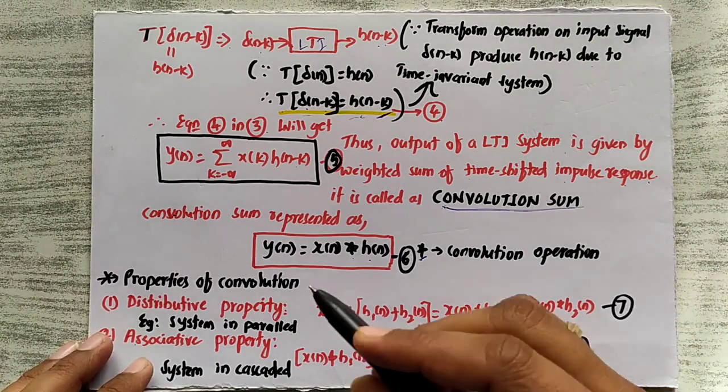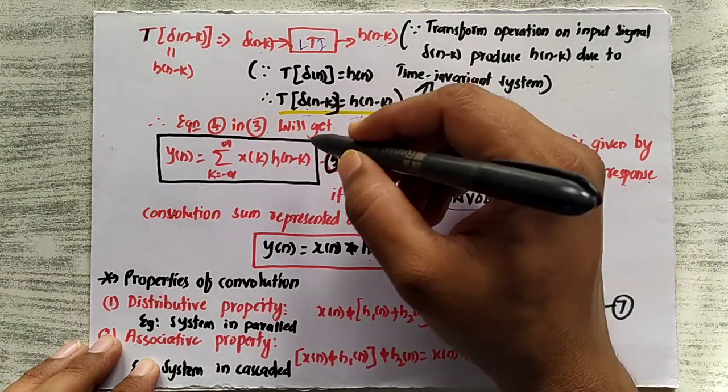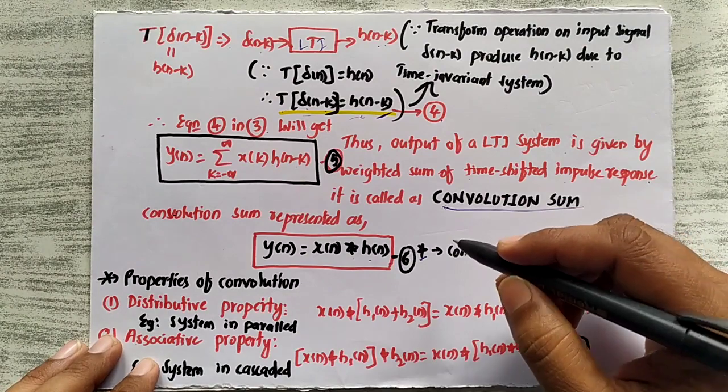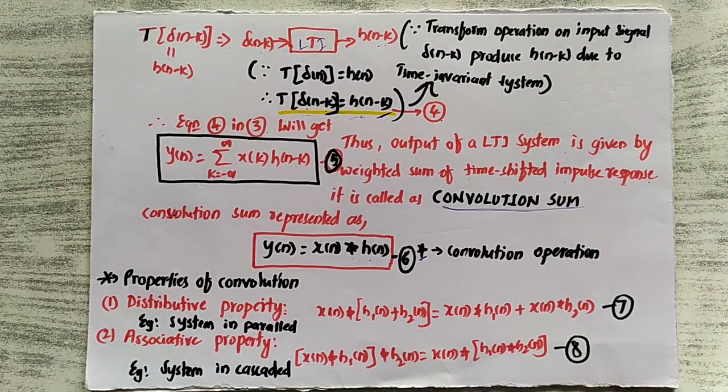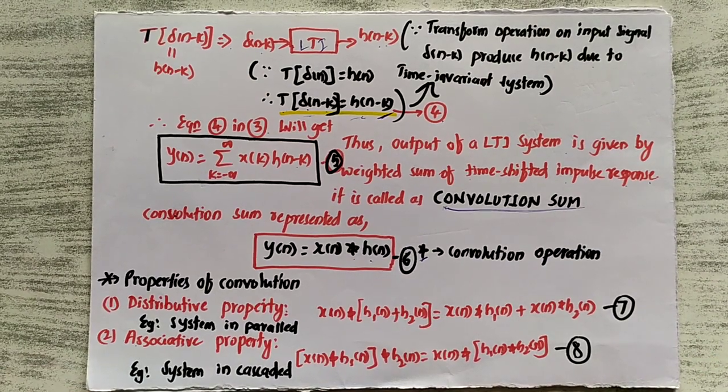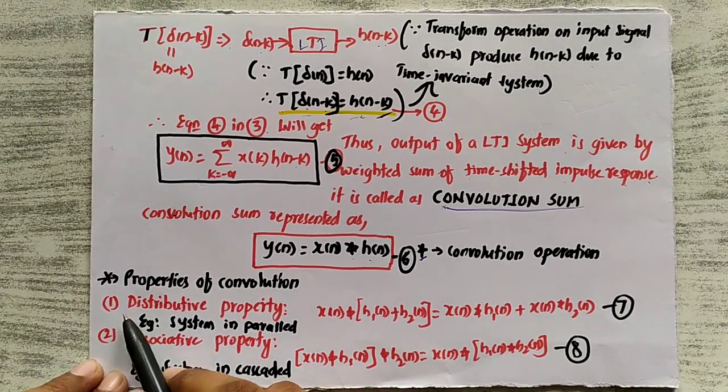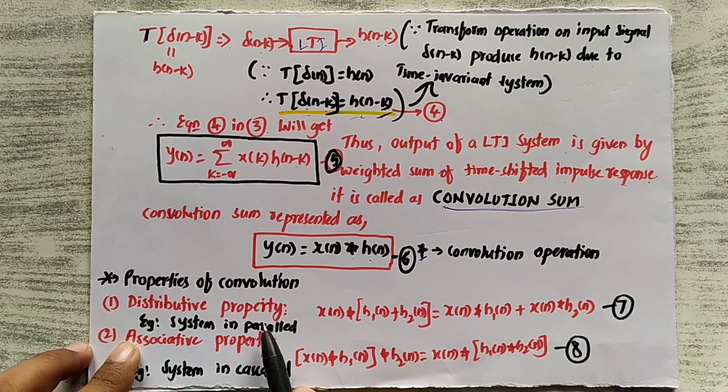This representation, the weighted sum of impulse responses, gives us some very important properties. We will cover a few of the properties of convolution here. The first one is the distributive property.